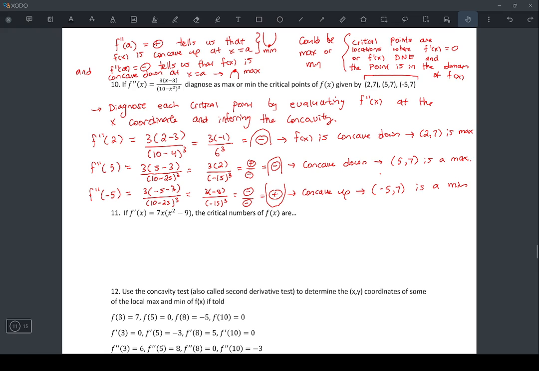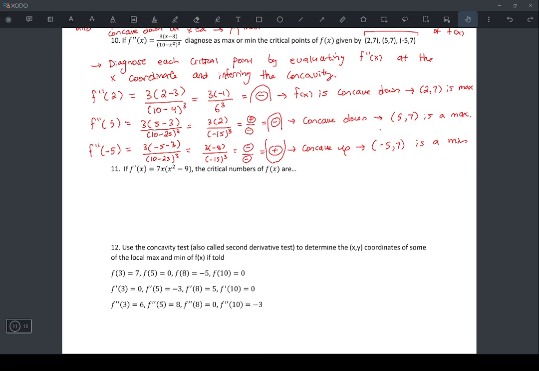Okay, number 11 is asking us to find the critical points where we're not actually given the function, but we're just given the derivative of the function. So to find critical points, we're going to set f prime of x equals 0 and solve for x. So 7x times x squared minus 9 is equal to 0. We want to get all the solutions, so I'm going to factor. X squared minus 9 is the difference of squares. It factors as x minus 3 times x plus 3.